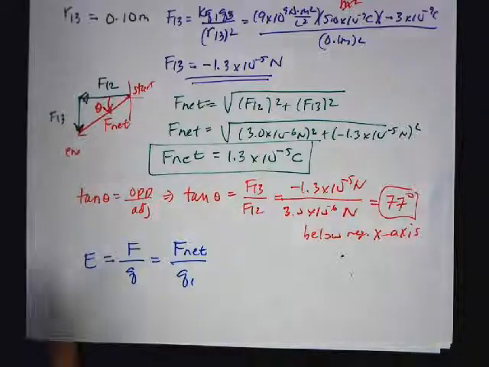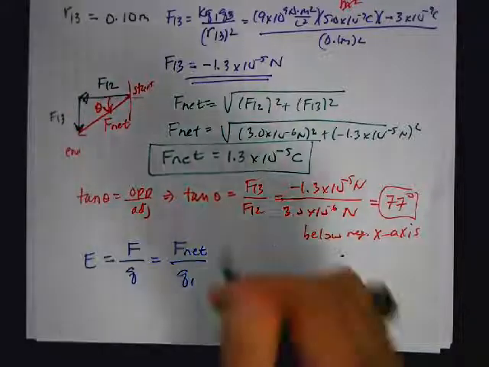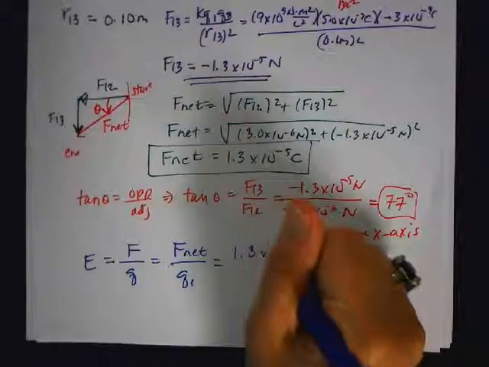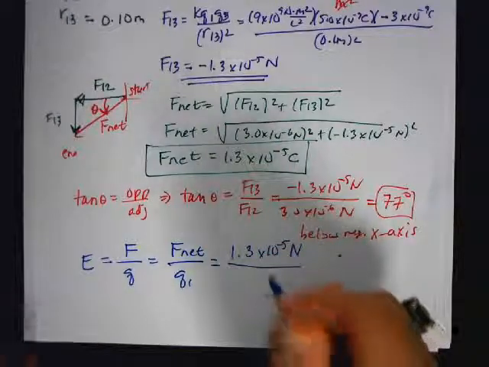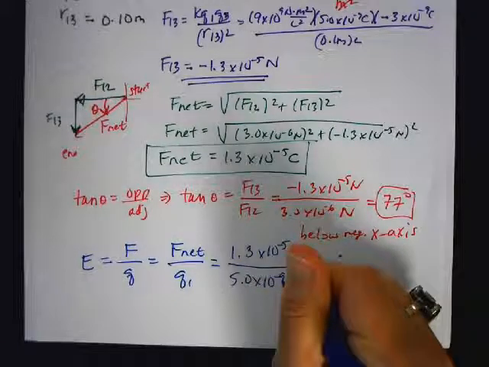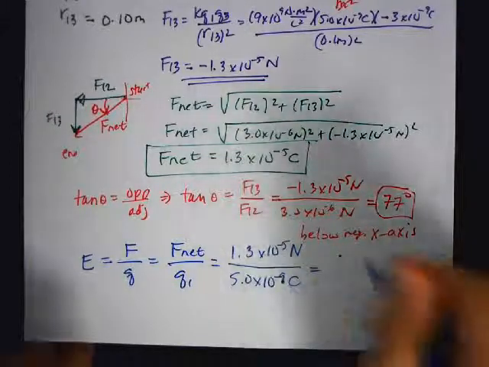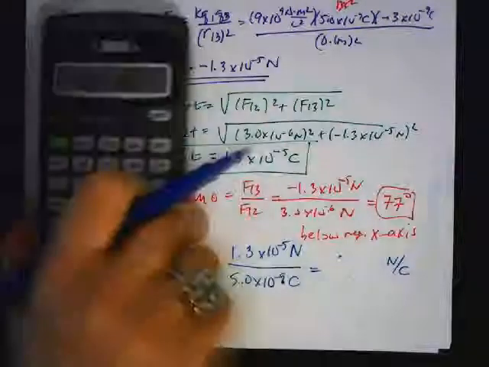We could find the electric field from each one and then do the same process, but now this is extremely easy. So the net force was 1.3 times 10 to the negative 5 newtons divided by Q1, which is 5.0 times 10 to the negative 9 coulombs, and a newton per coulomb is our unit. Then we divide this on our calculator. Remember, you have to make sure you know how to use these.